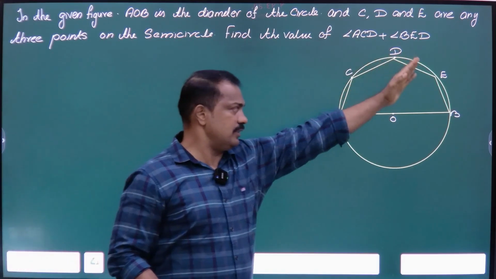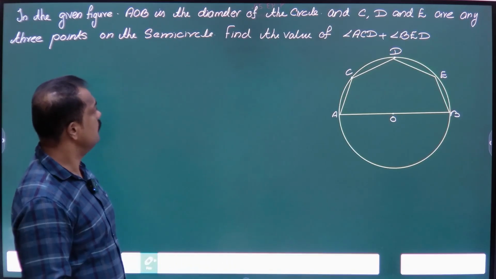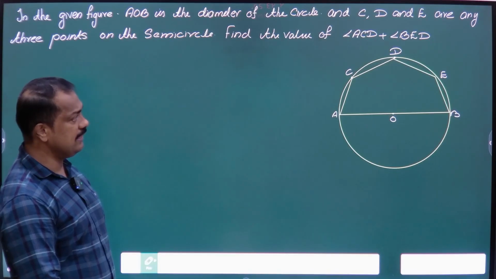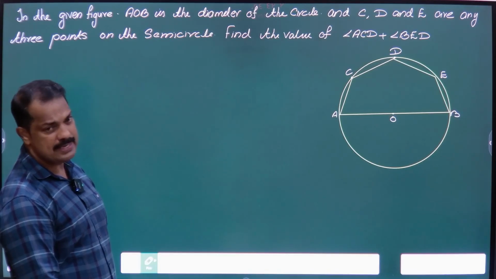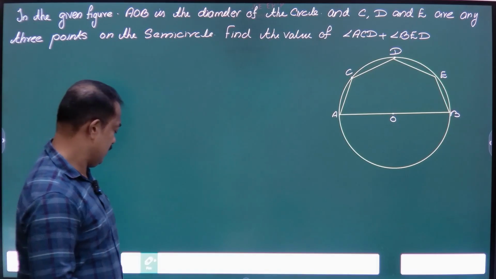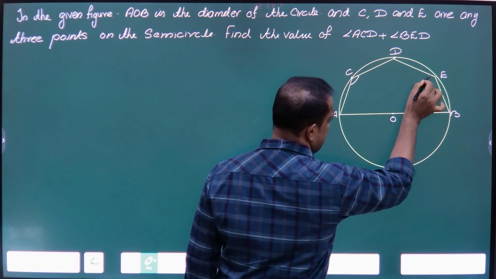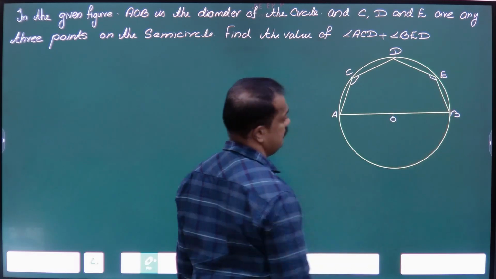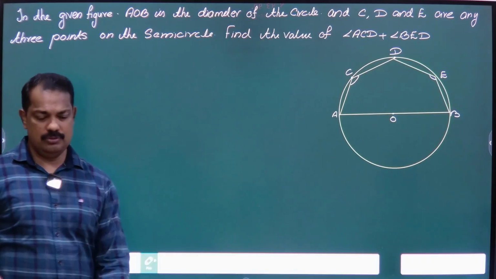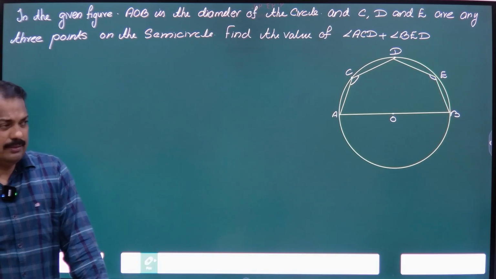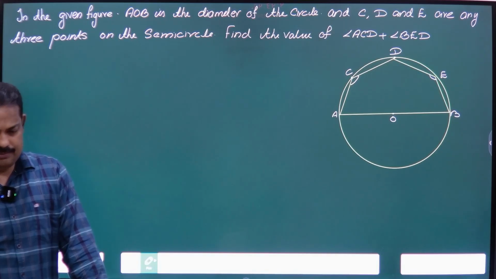Find the value of angle ACD plus angle BED. This is angle ACD and this is BED. दोनों का sum find करना. You have to find the sum of these two angles, ACD and BED.